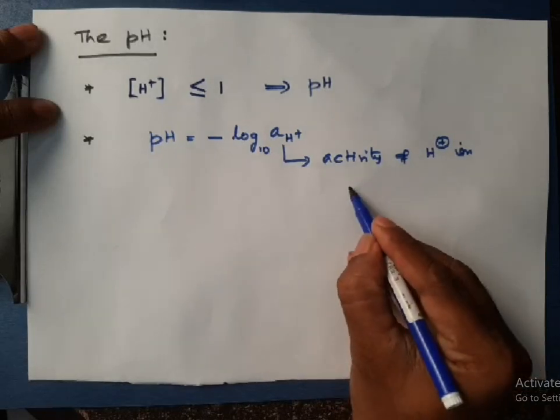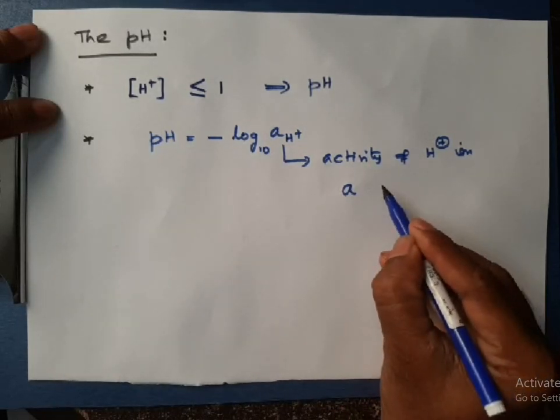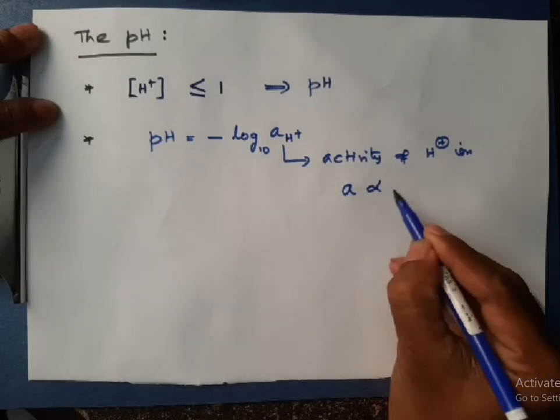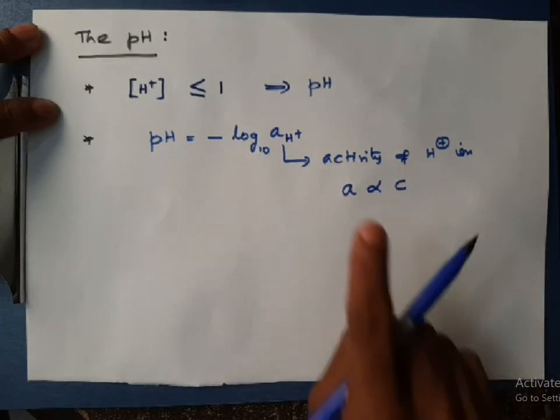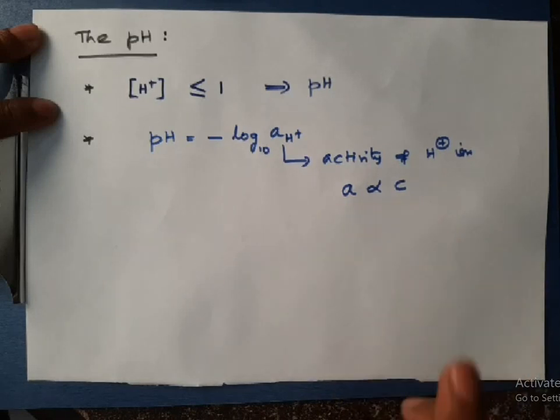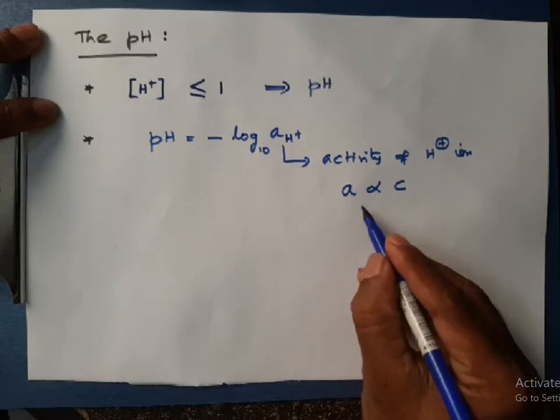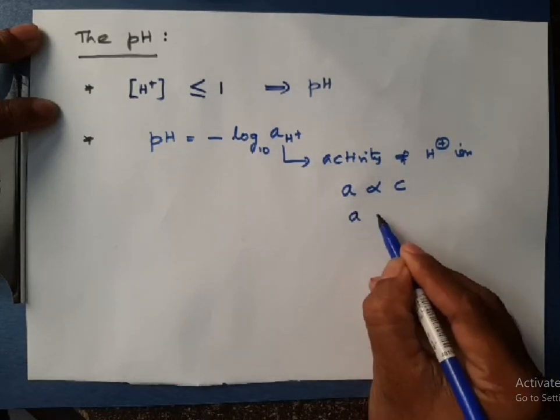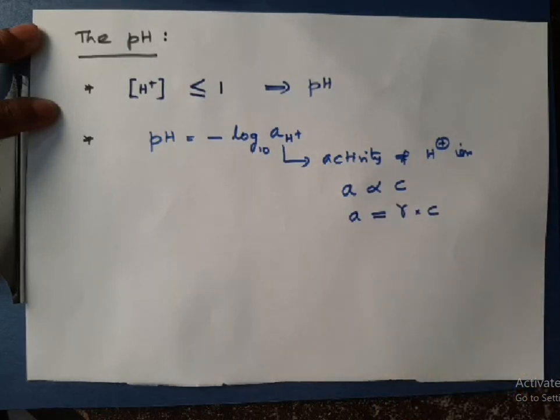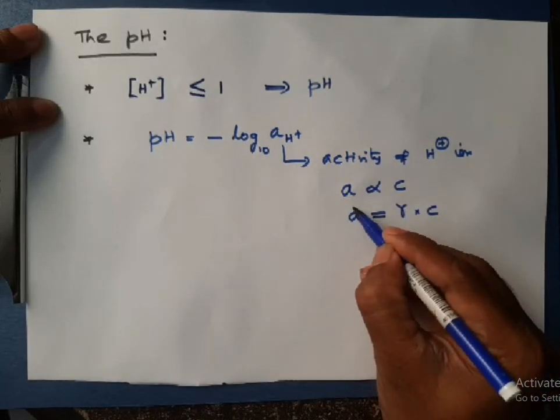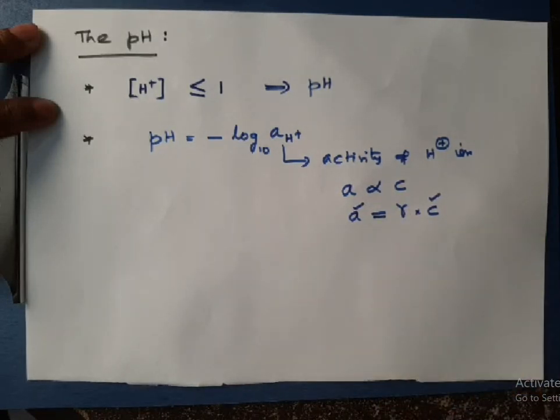What is activity? Activity is directly proportional to the molar concentration of the substance. They are not equal actually. Activity is equal to the activity coefficient times the concentration. This is the relation between activity and concentration.